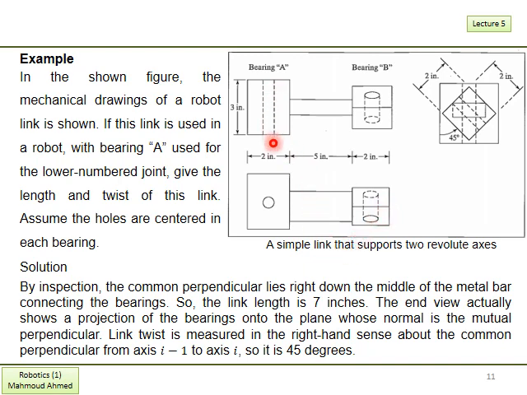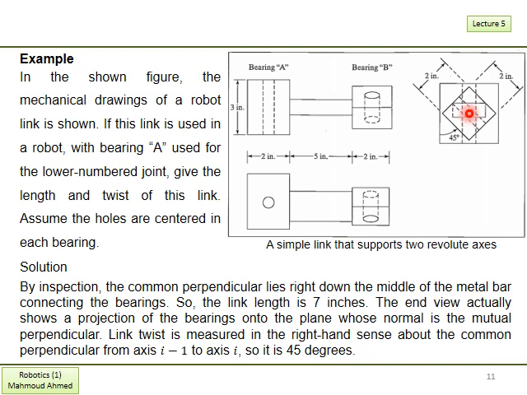These holes are centered in each bearing, so by inspection, for the common perpendicular line, we get the center line of the hole of bearing A, which passes through this hole, and the center line through this hole, and get the intersection.